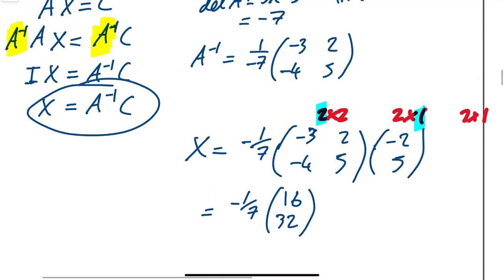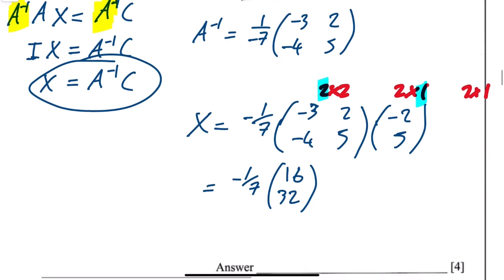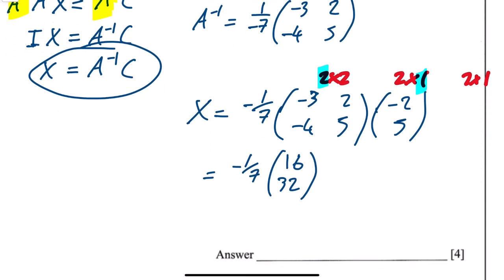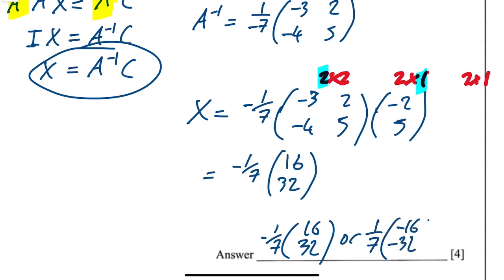So that's what I've got, which isn't too nice at all. So my answer, I could leave this as -1/7 times (16, 32), or you might want to have left it as 1/7 times (-16, -32), or you actually multiply out and you write it as -16 over 7 and -32 over 7. So whichever one you want to leave, I think I probably would have left it as this first one.